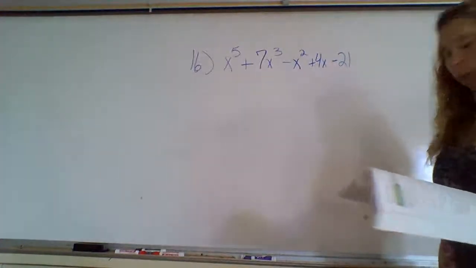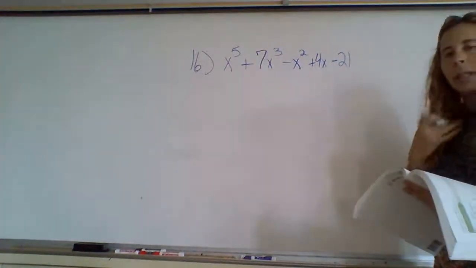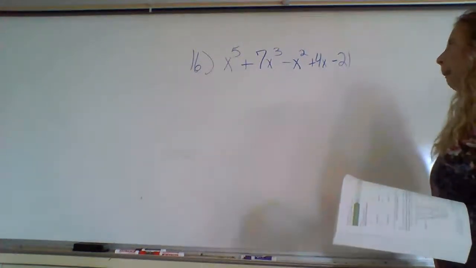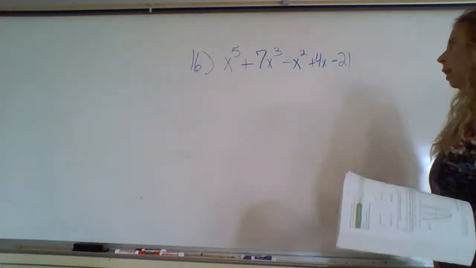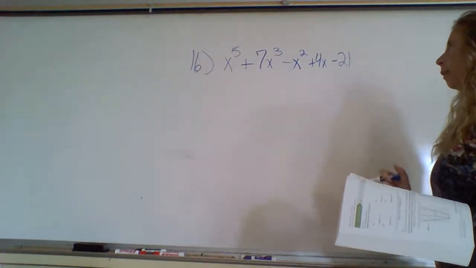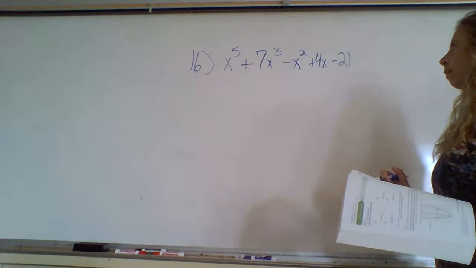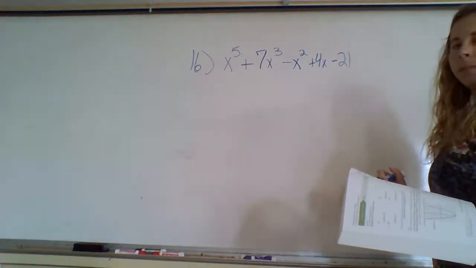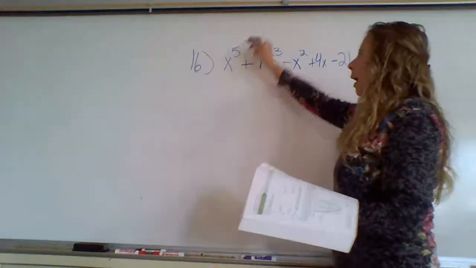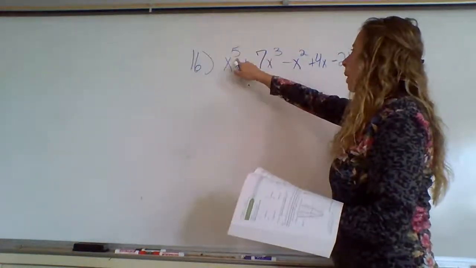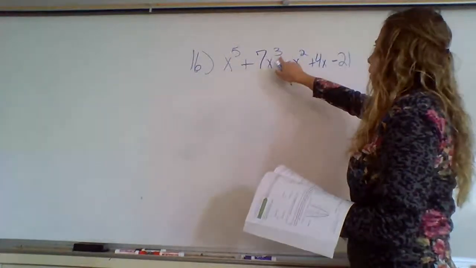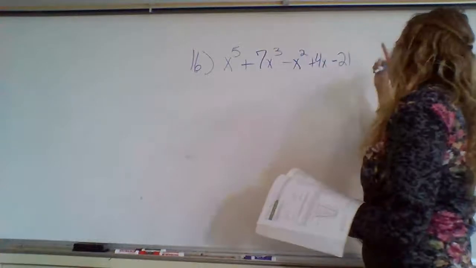So the number of roots that a polynomial will have is just based on the highest power. What is the highest power of this polynomial? The highest power is 5. I have a power of 5, then 3, 2, 1, and nothing.